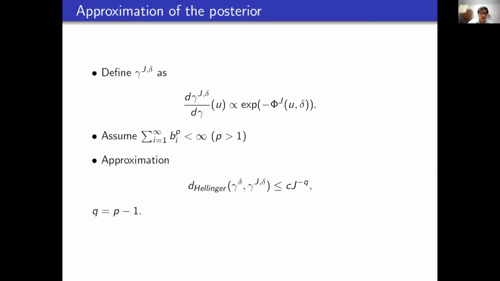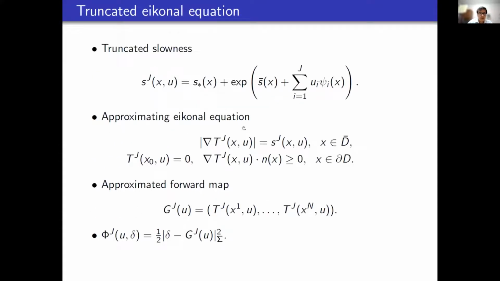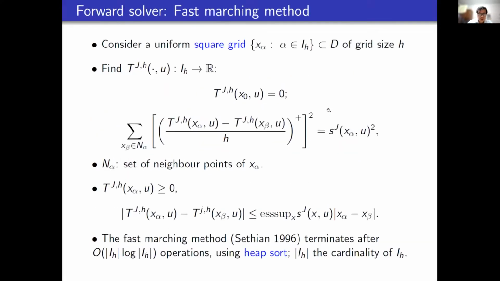So now let me talk about numerically solving this forward equation with a finite number of terms, when i goes from 1 to J. If you have a sample u, you can obviously compute this summation when i goes from 1 to J. So in this work, we use the fast marching method.